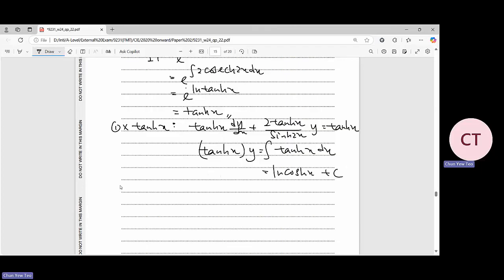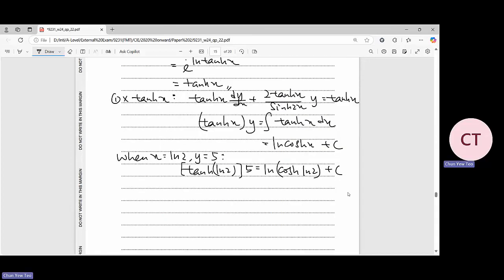Okay. Now when x is equal to ln 2, y is equal to 5. That will give you tan ln 2 multiplied by 5 is equal to the ln cos of ln 2 plus c. So we need to calculate by using the calculator.